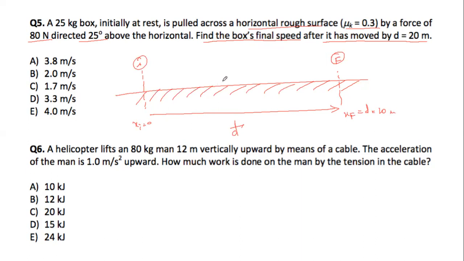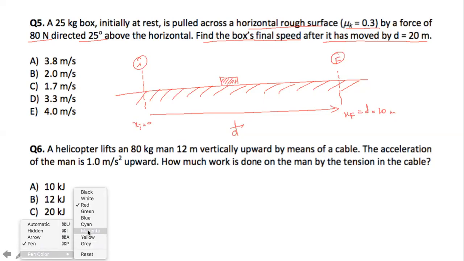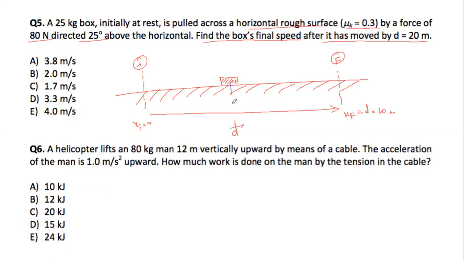Let me draw a free body diagram on my plot. So I have my box, the 25 kilogram box, meaning I have the weight, the gravitational force, downward with a magnitude mg. I have the normal force, Fn.